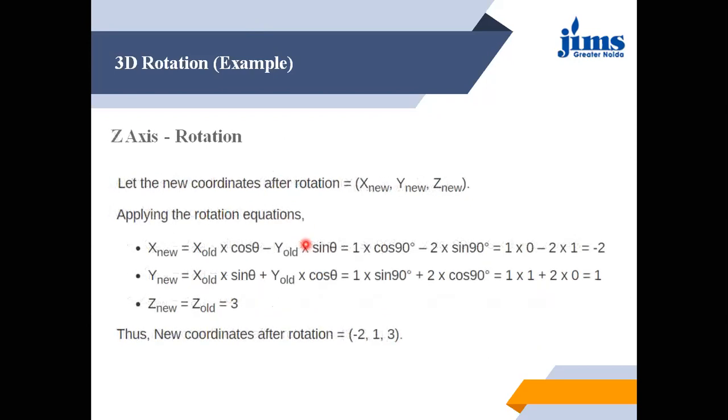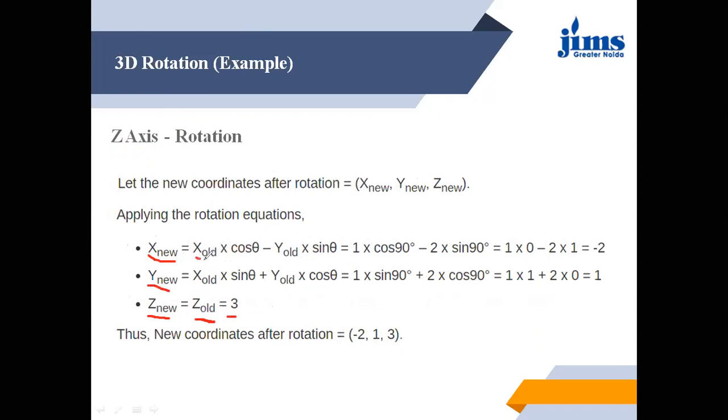To find out the new values when we rotate the object with respect to z rotation, we discussed that the value of z new equals the value of z old, that is 3. To find out the values of x new and y new coordinates, these are the equations.